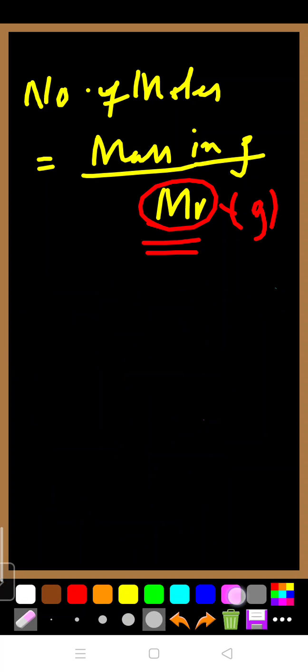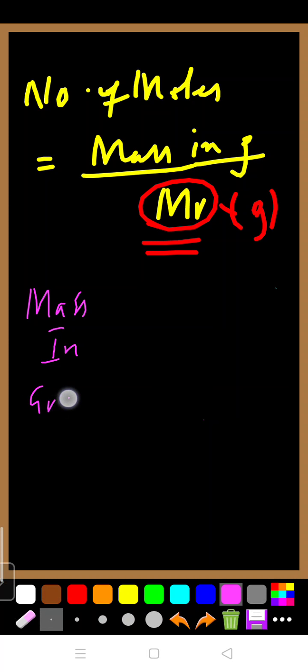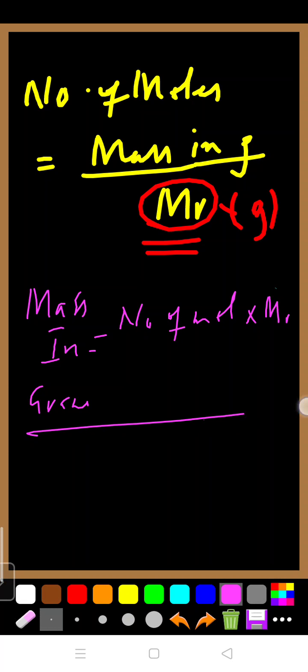Yes, the reciprocal formula will become mass in gram is equal to, कैसे निकालेंगे? Number of moles into mr. That will be the formula for calculation of mass in gram from the given moles. अगर moles given होंगे आपको, तो mass in gram कैसे निकालेंगे?